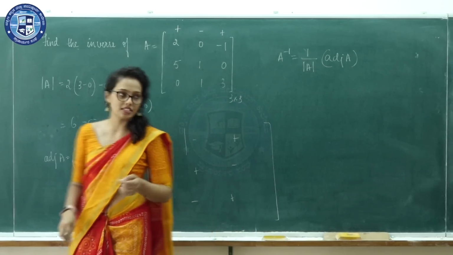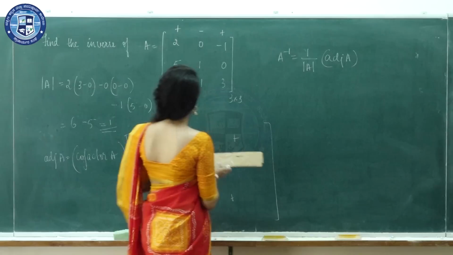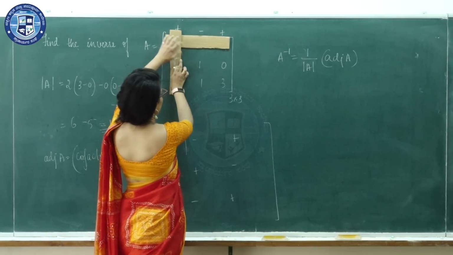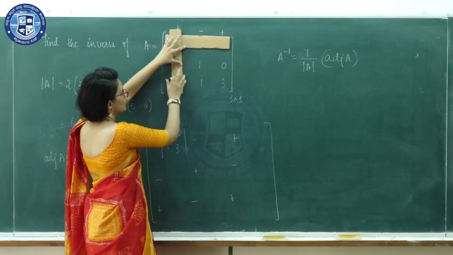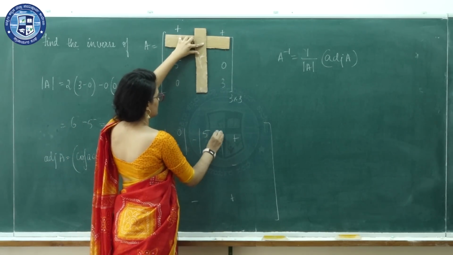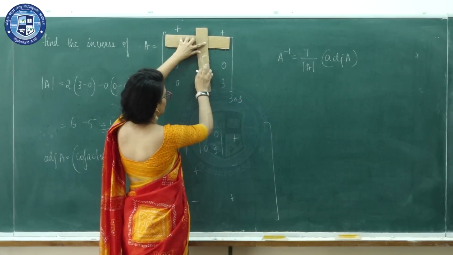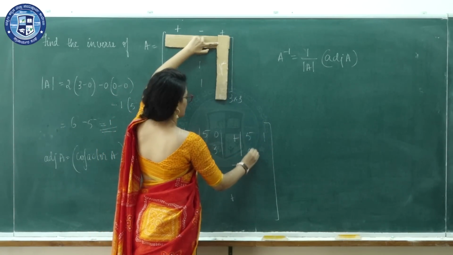Let us fill in the determinants. So, we delete the first row and the first column of the matrix A. We have 1 0 1 3, and for the next term we have 5 0 0 3, next 5 1 0 1.